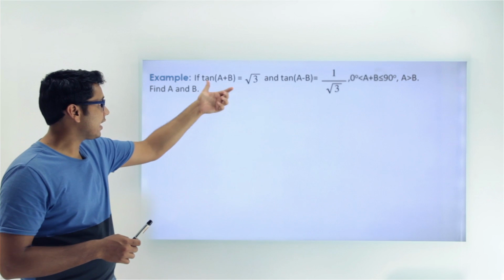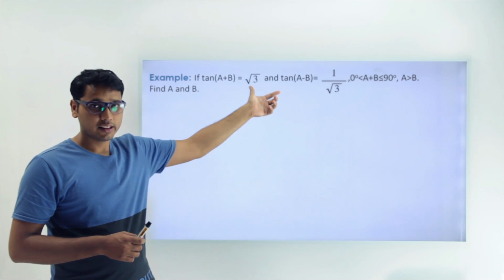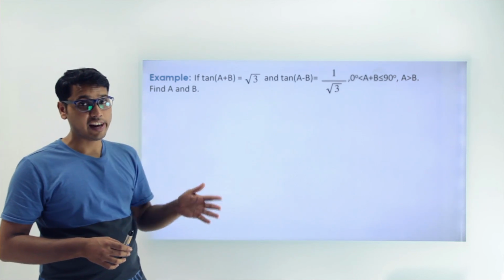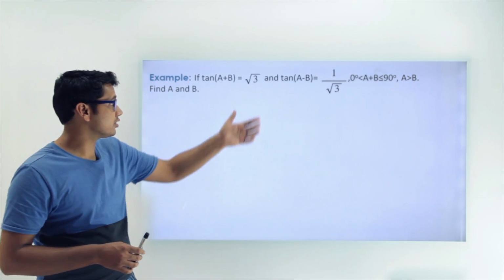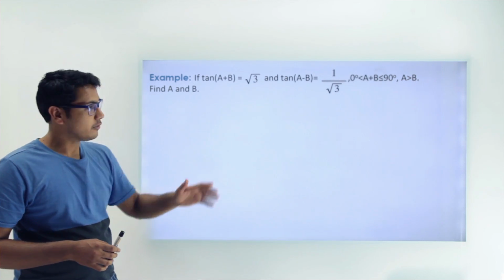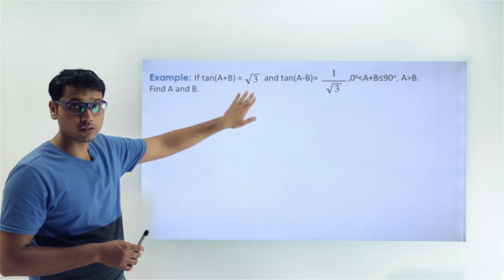Since tan(a + b) is given, in this particular thing we'll think in which value of tan corresponds to root 3, which means which value from the table of the angle gives the value root 3.